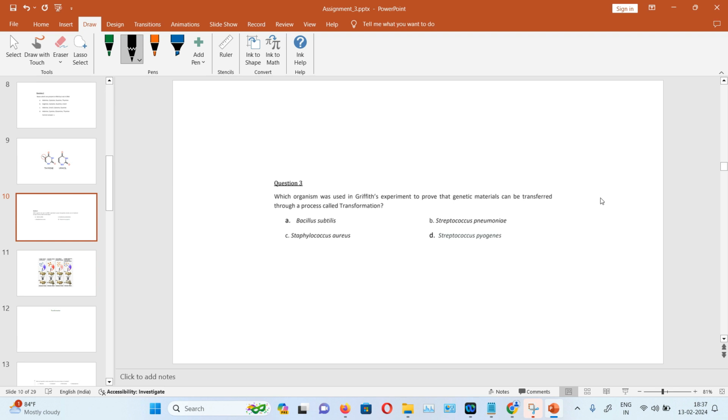It cannot be Bacillus subtilis, Staphylococcus aureus, or Streptococcus pyogenes. The pneumonia-causing bacteria is Streptococcus pneumoniae, and they used Streptococcus pneumoniae to check the genetic material transfer from the environment to the bacteria.